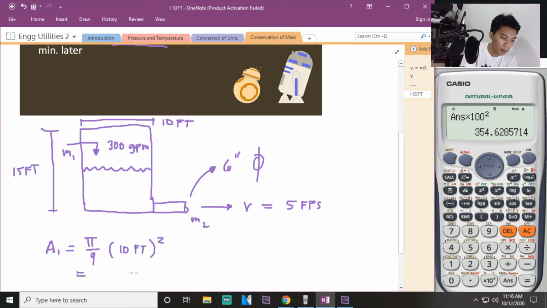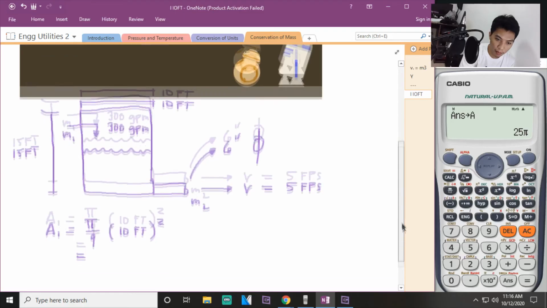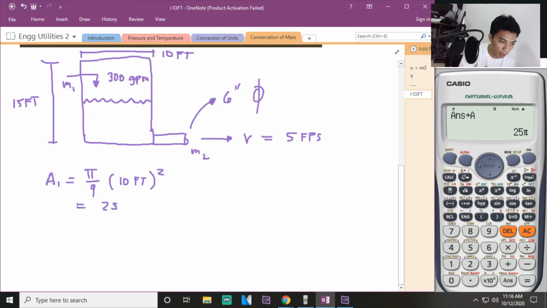So, kunin natin siya. Pi over 4 times 10 squared. This will be 25 pi. Store muna natin yung value niya kay A. So, 25 pi feet squared. Yung area 1.